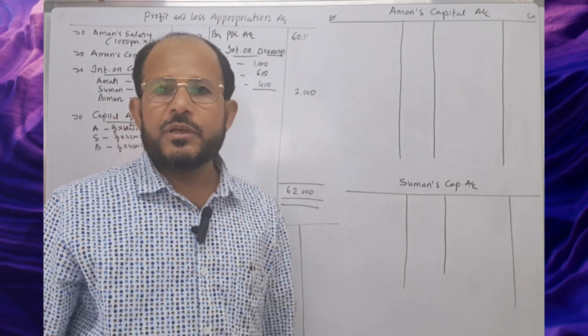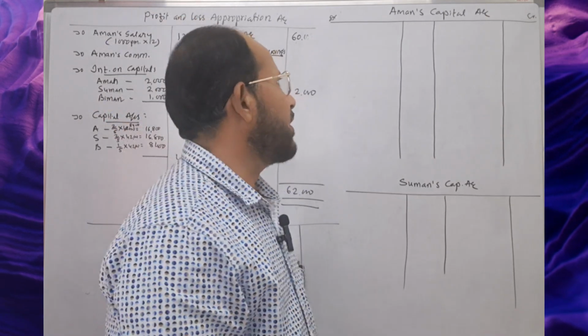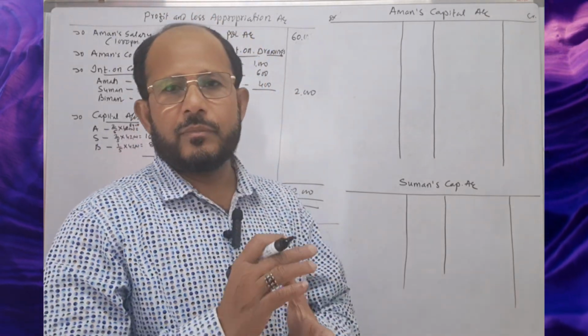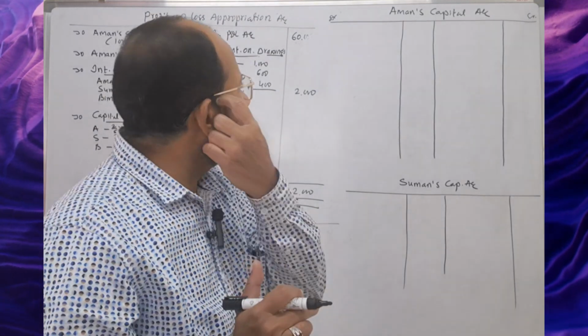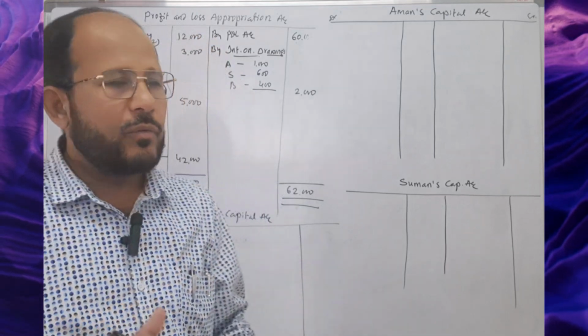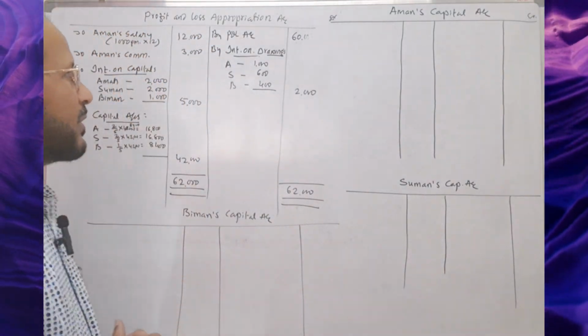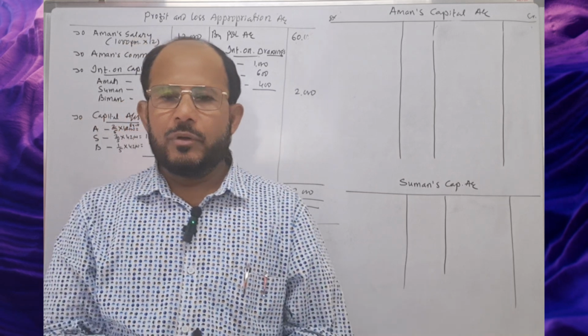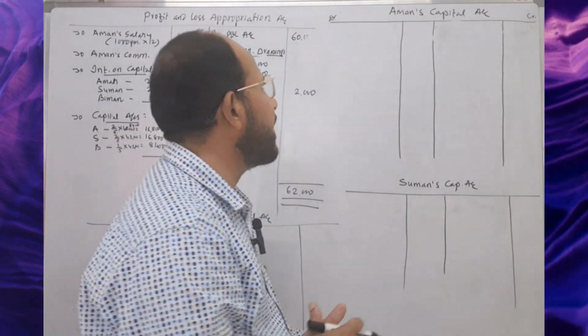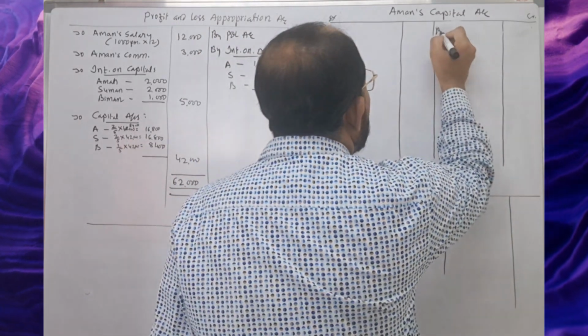In the problem, what was given? All the partners had invested some amount towards their capitals. Now we will prepare the partners' capital accounts. First, we have to enter the investment made by partners.